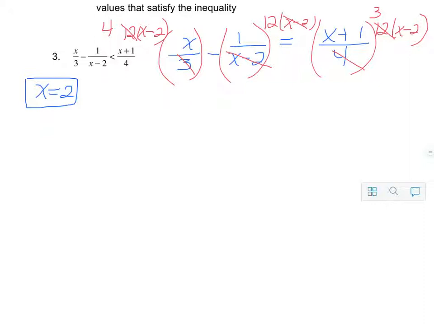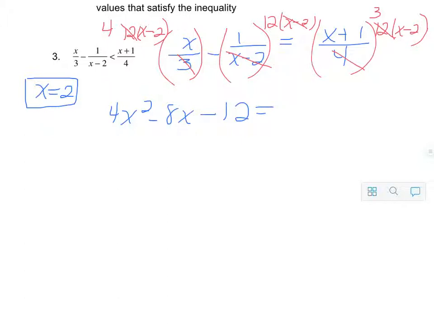Let's see what I have left over: 4 times x minus 2 times x. Let's multiply 4 times x first. That's 4x. And 4x times x minus 2 would be 4x squared minus 8x. Minus 1 times 12, so it's a minus 12, equals 3 times x plus 1 times x minus 2.